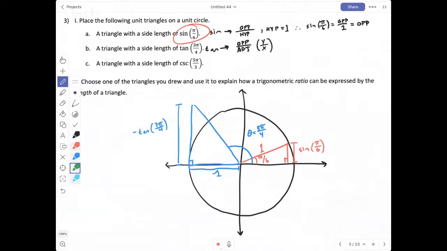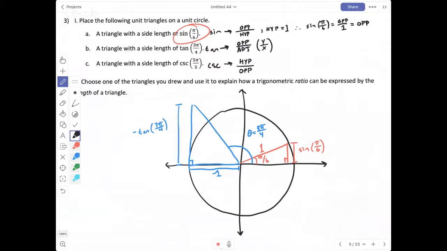Last one, which I'll do in green, cosecant of 5 pi over 3. So I have to remember that the cosecant ratio is the reciprocal of the sine ratio, which is hypotenuse over opposite.